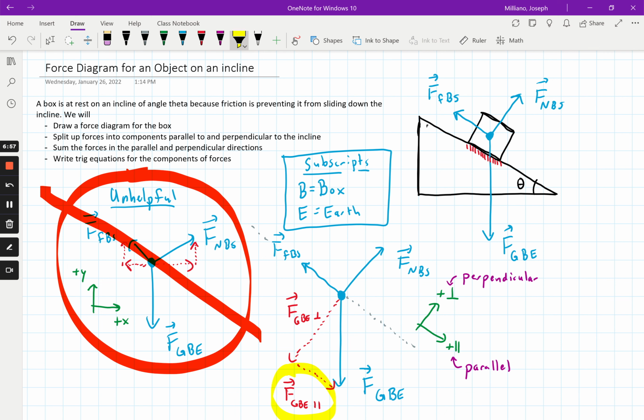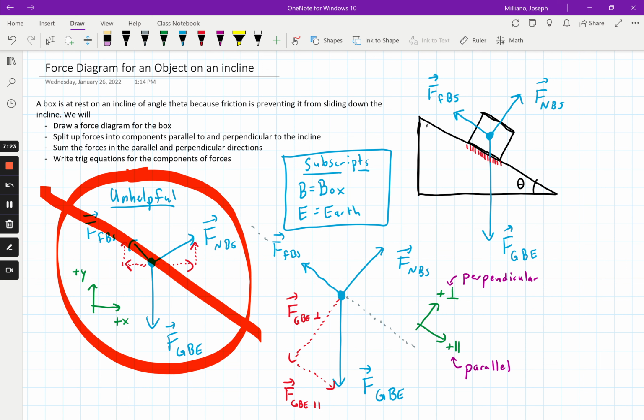It's not successful because friction's present, but that's what it's trying to do. So you have the piece of gravity that's trying to pull the box down the incline, that's the parallel component, and we have the part of gravity that is pulling the box and crunching into the surface, and that's the perpendicular component. Now, we are all set to go. That is the only force that has components relative to these parallel and perpendicular axes.